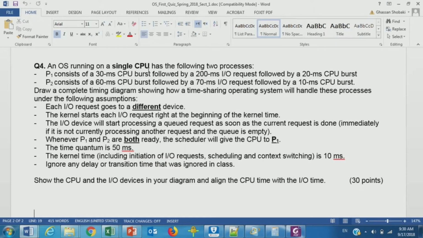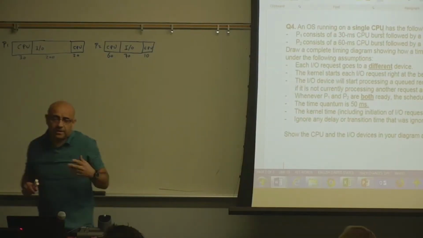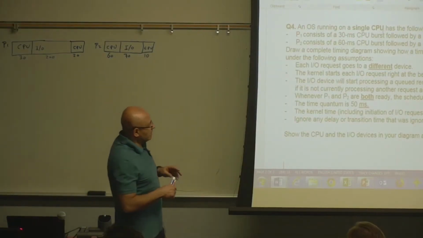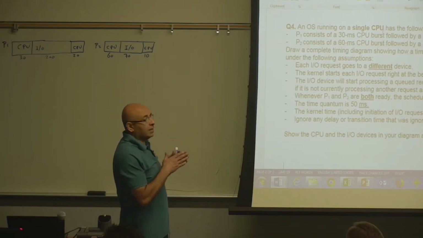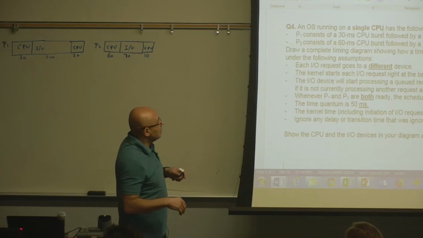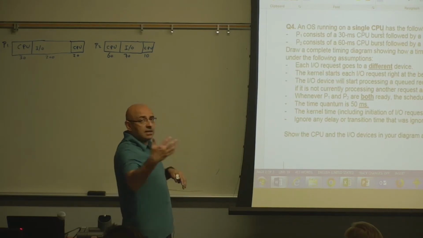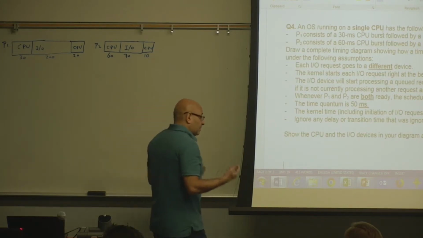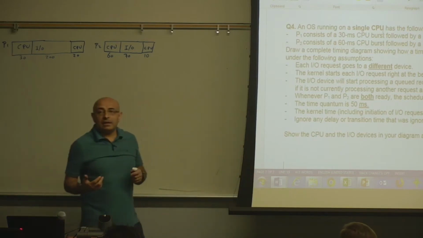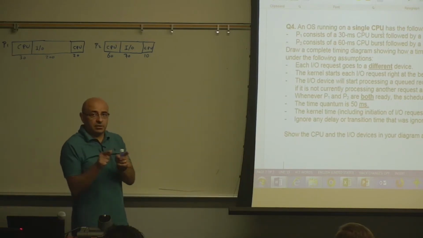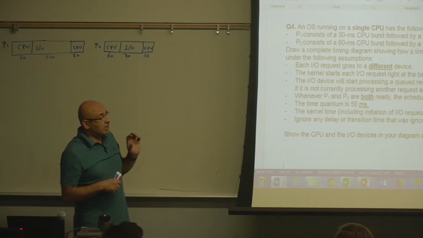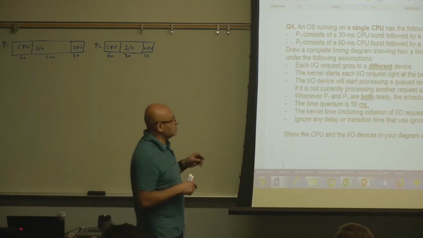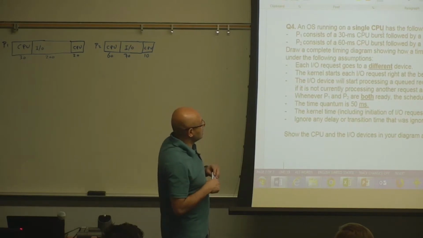These idealizations are basically to simplify things. We'll assume that the kernel starts the I/O request right at the beginning, even though in reality, the kernel will take some time before it sends the I/O request to the I/O device, and the I/O device starts processing. So there will be a delay because in reality things are not magic. But we are simplifying things here to focus on the concepts.